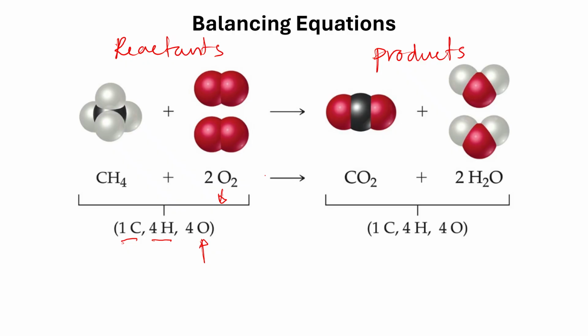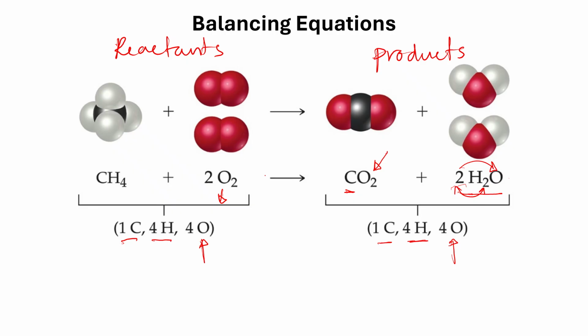And on the product side you can see you have 1 carbon which is coming from carbon dioxide, and 4 hydrogens which is from H2O. There are 4 hydrogens because there are 2 water molecules, and 4 oxygens: 2 oxygens from carbon dioxide and another 2 oxygens from water. Total is 4 oxygens. So this chemical equation is already balanced.